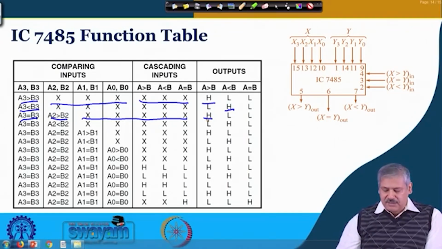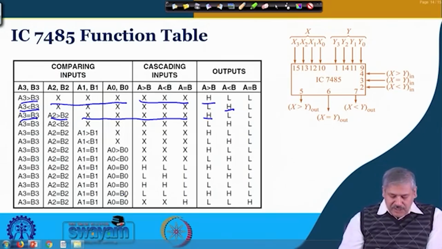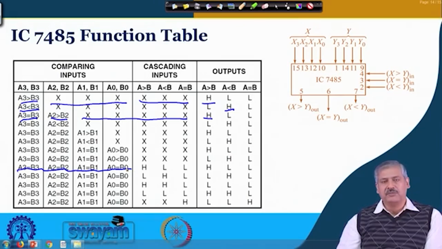Now comes the case when all of these current bits are equal. So this is the case where A3, A2, A1, A0 are equal to B3, B2, B1, B0.